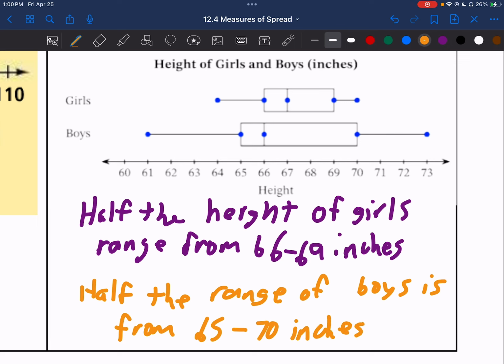So we also see, the high end is much higher than the third quartile. The low end is much lower than the first quartile for boys. Girls, it is a much more compact distribution in this particular instance of these grades.